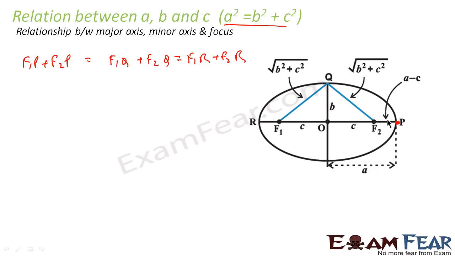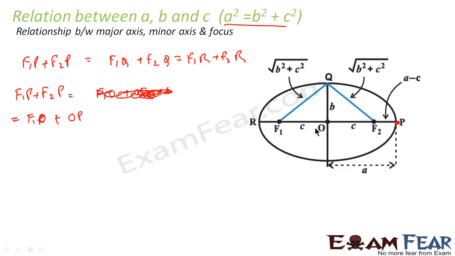So now let's try to find this constant distance. Let's find F1P plus F2P. F1P is nothing but F1O plus OP.